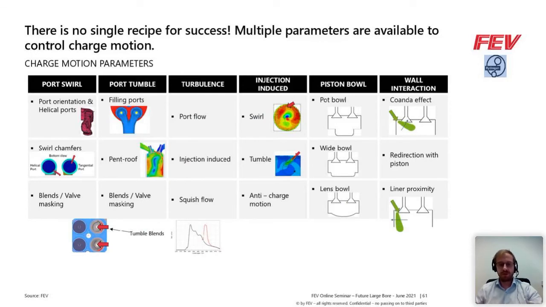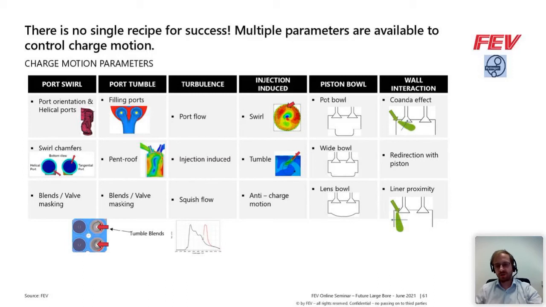So looking a little bit more in detail at the mixture formation, we can see on this slide that we have a lot of parameters that we can use to really influence it. We can, for example, use the port design to increase swirl level, or maybe also get some tumble in. However, for the flat cylinder heads, this is of course not the main charge motion mechanism.